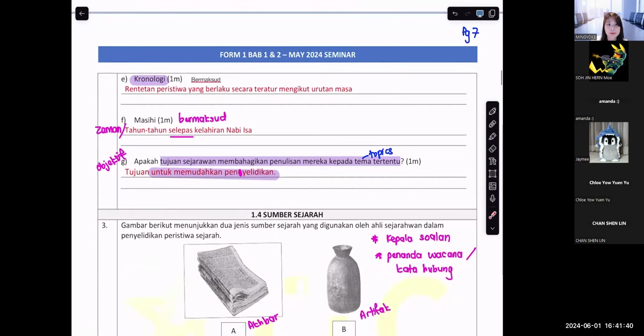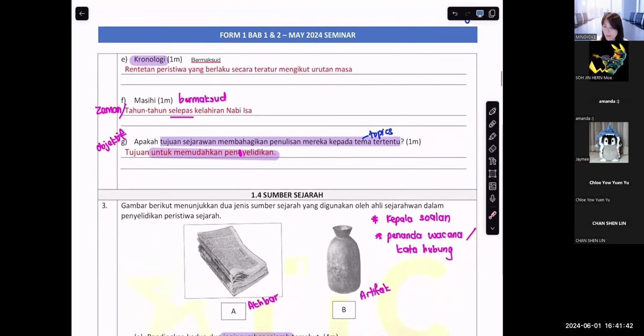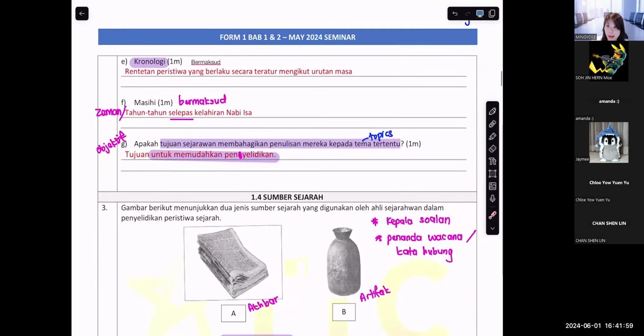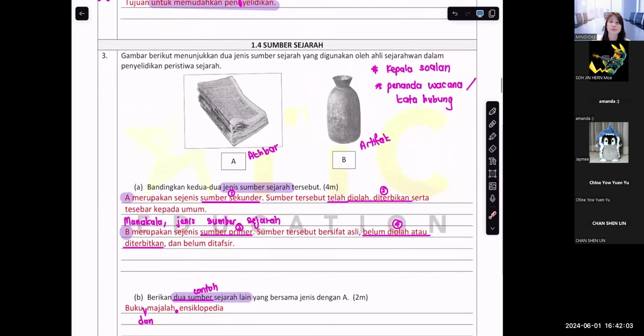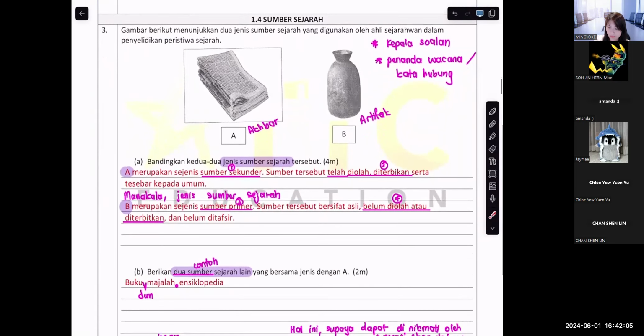All right. Now, remember, kepala soalan, penanda wacana, or kata hubung. Some teachers say that it's penanda wacana to connect. Some teachers also accept kata hubung because the answer is too short. Like example, guys, I go down. You see, like this one, you can just write kata hubung.